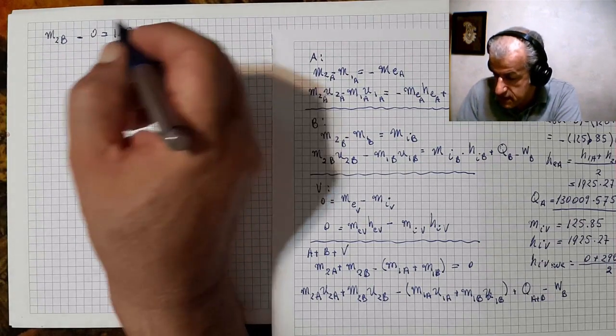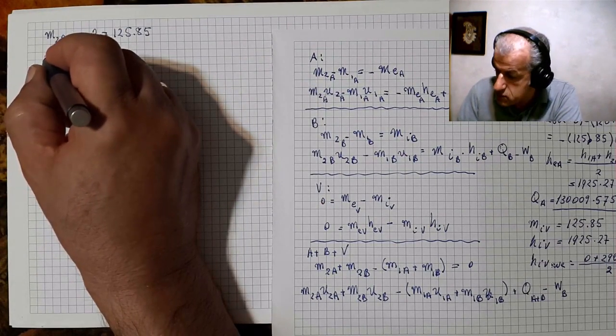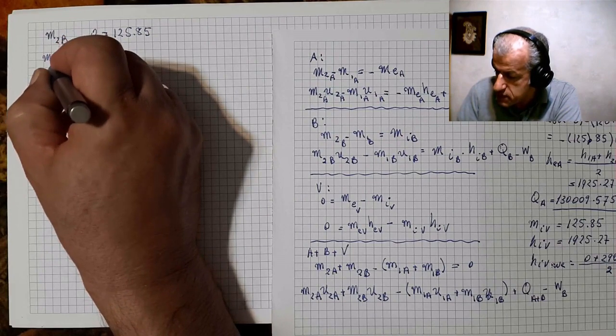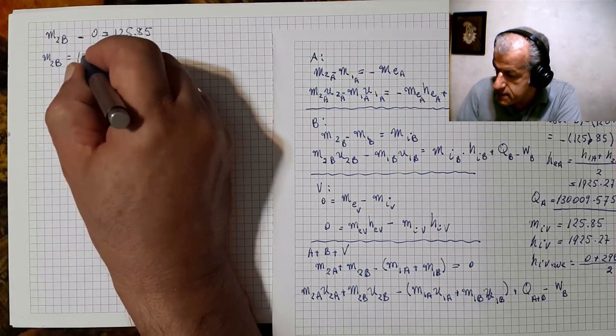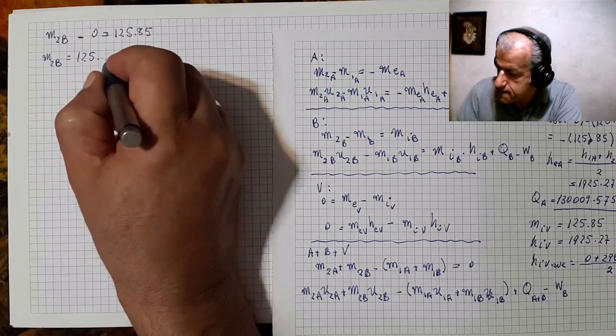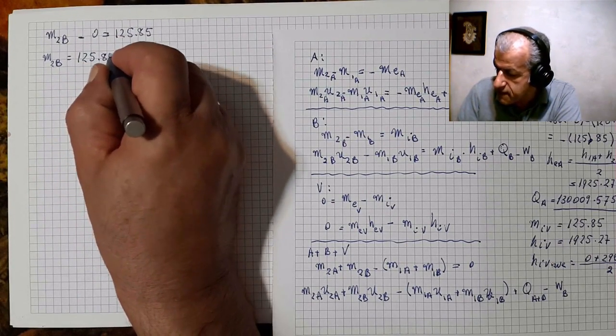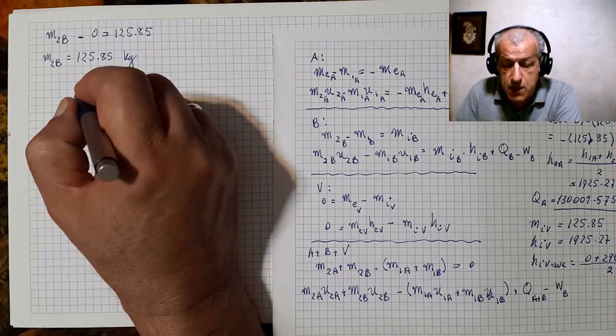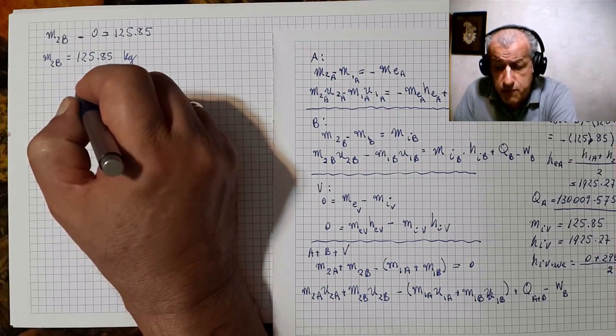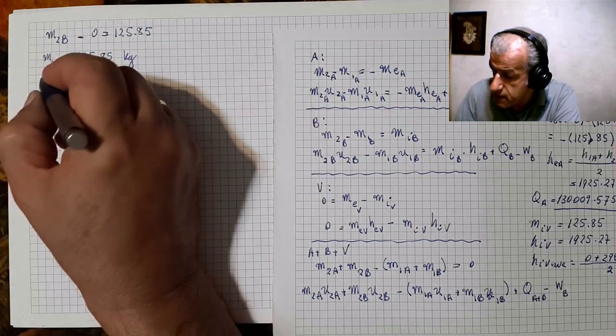And that gives us the conclusion that M2B, the final mass in B, is 125.85 kilograms. Pretty simple and straightforward.